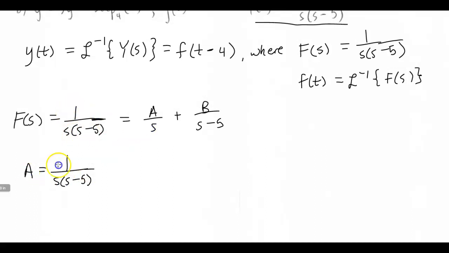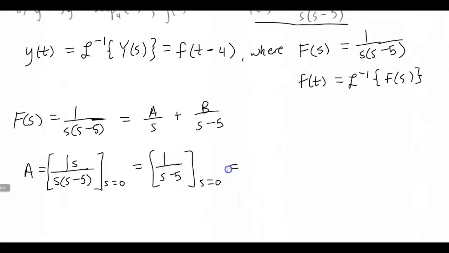And of course, since we're trying to find A, what we don't want here is S. So we multiply times that to make that reduce to 1. And we evaluate it at the value of S that would make the denominator that it does have go to 0. So essentially, what we have here is this situation where we have 1 over S minus 5 evaluated at S equals 0, which will give you a negative 1/5.